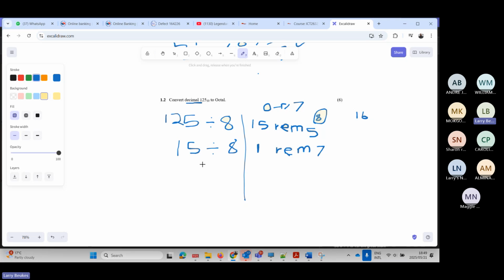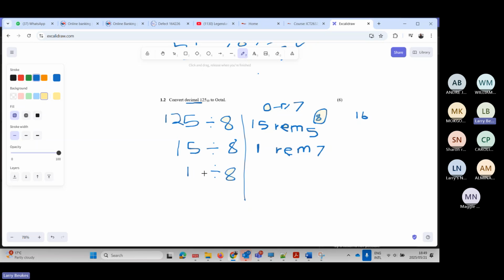Then here, what do we say? Then we're going to use this one. Sorry, this is 1 divided by 8, which is not possible, right? So basically here, we're supposed to have 1 divided by 8, which is not possible.